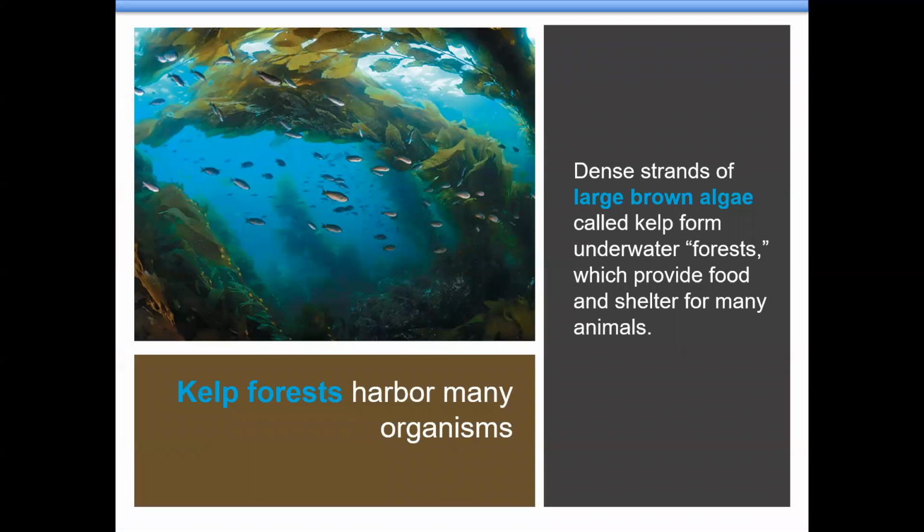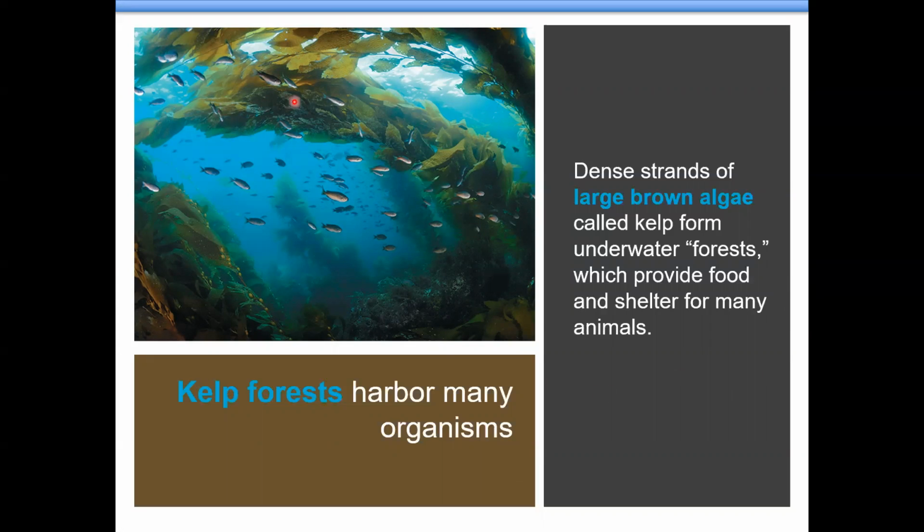We've also seen some kelp forests before when we were talking about invasive species. Kelp forests are also extremely diverse ecosystems. They behave as underwater forests. You can see these huge branches of kelp that can be hundreds of meters long, extend up from the floor of the ocean to the water surface.